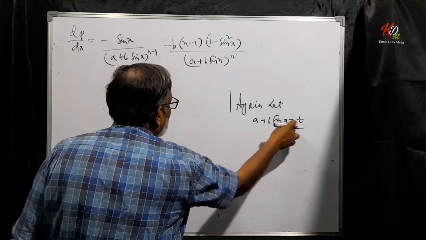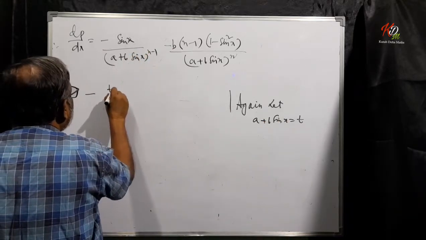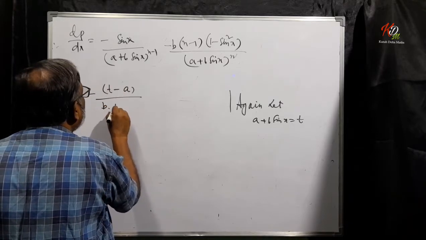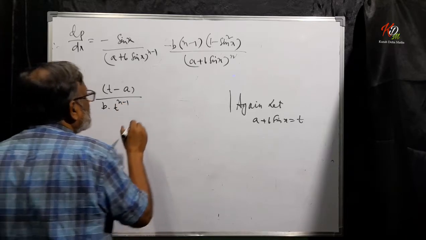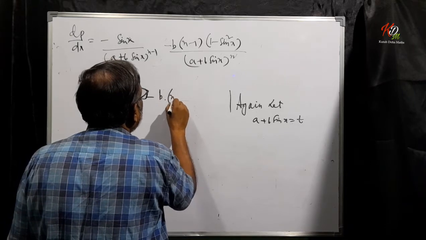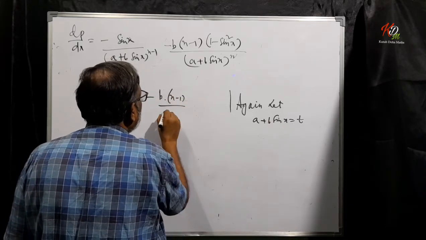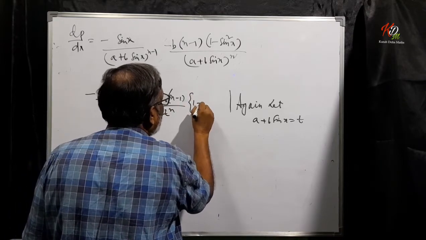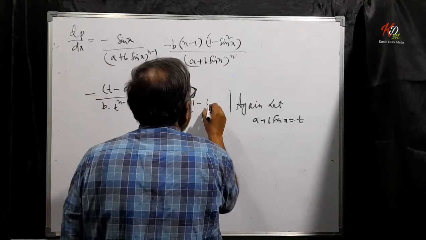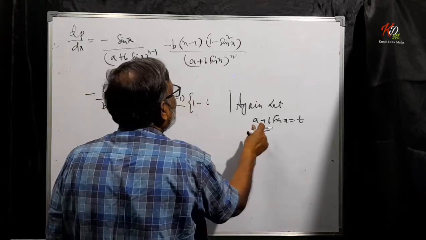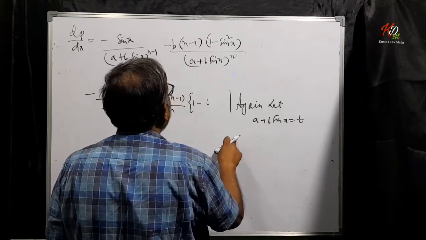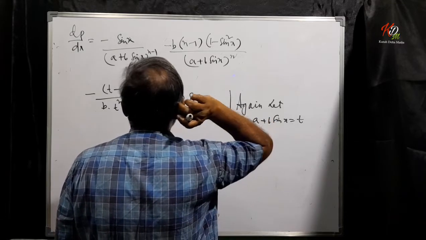Sin x means t minus a by b, so minus t minus a by b into t to the power n minus 1, minus b into n minus 1, putting the value t to the power n, 1 minus sin square x, 1 minus t minus a by b whole square.